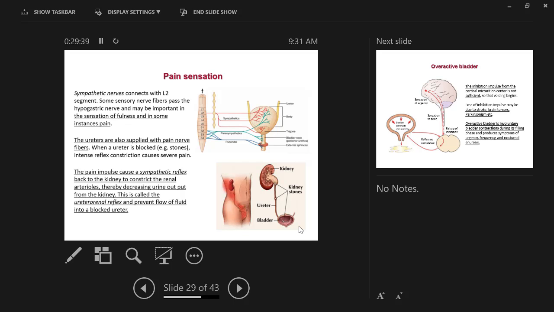This is called the ureterorenal reflex, and it prevents flow of fluid into the blocked ureter. So because of that, the kidney does not produce much urine, and tries not to overfill this space. That's why you can sense the pain here by the sympathetic nervous system.